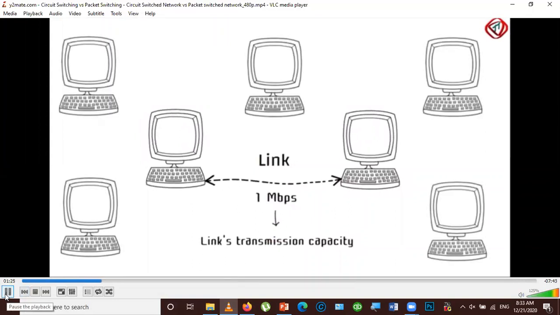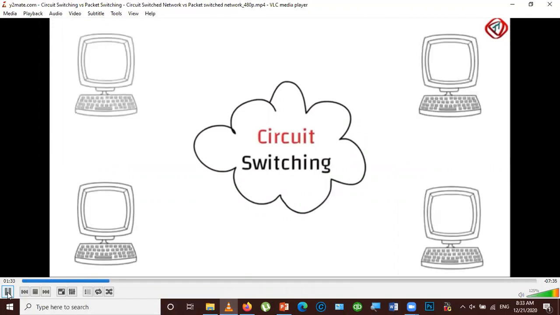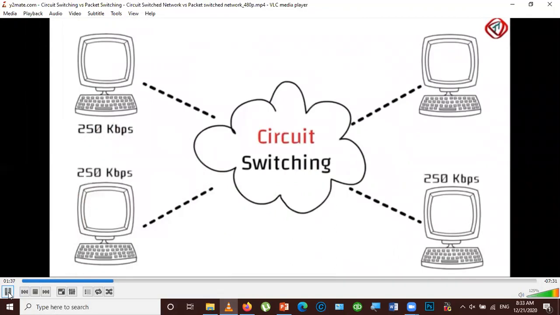And if we have some more computers, then in circuit switching each computer divides the bandwidth of the channel.